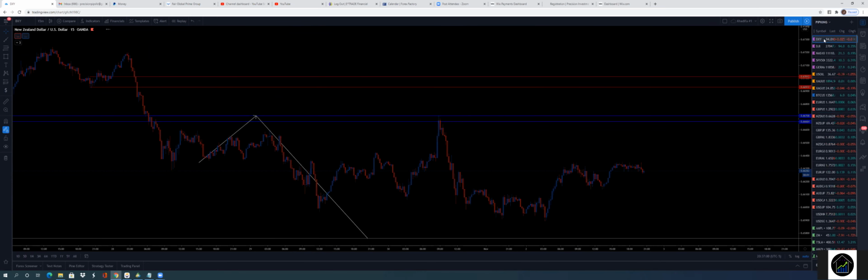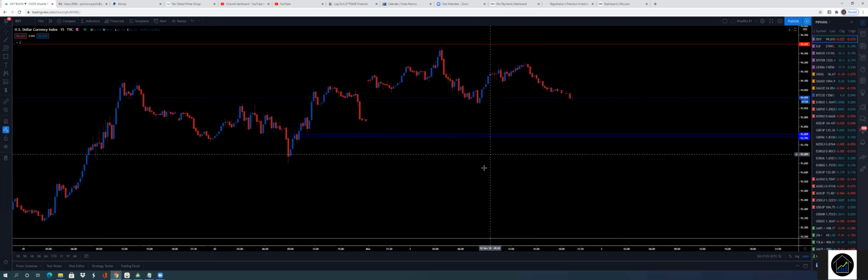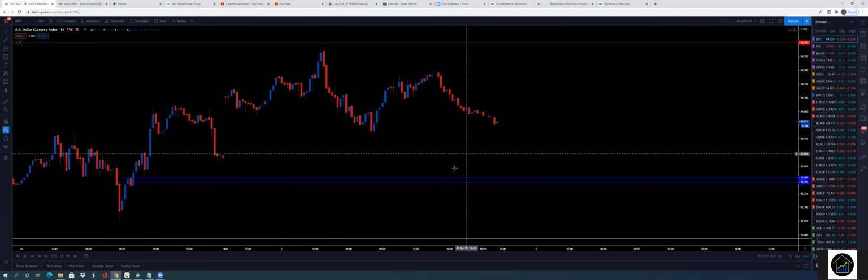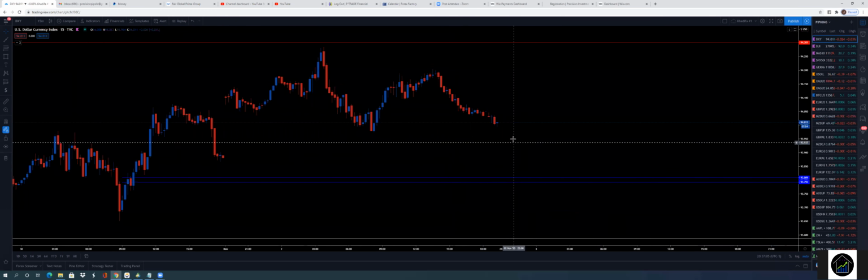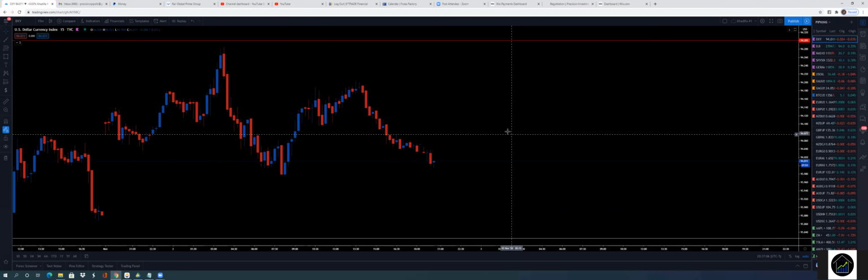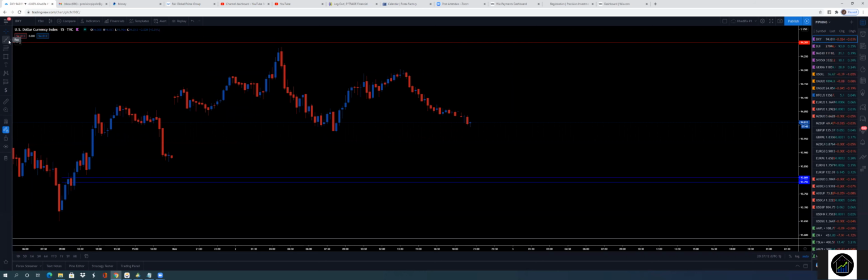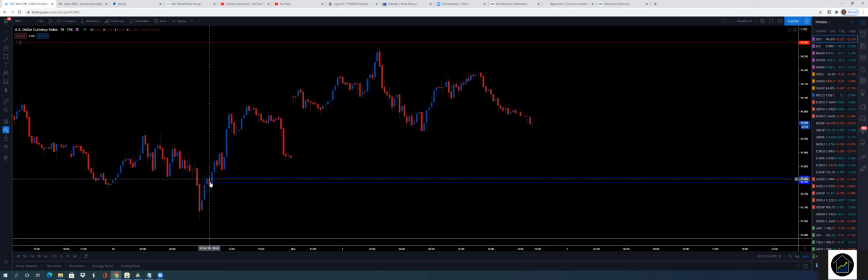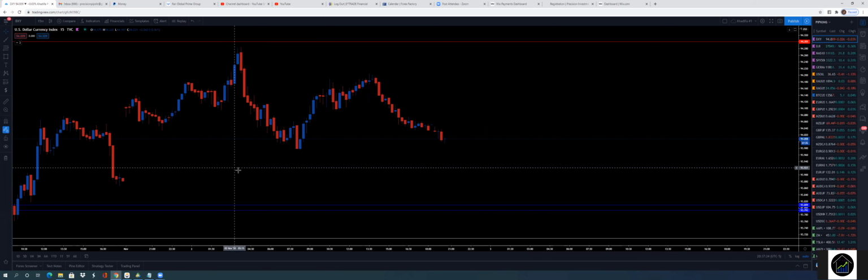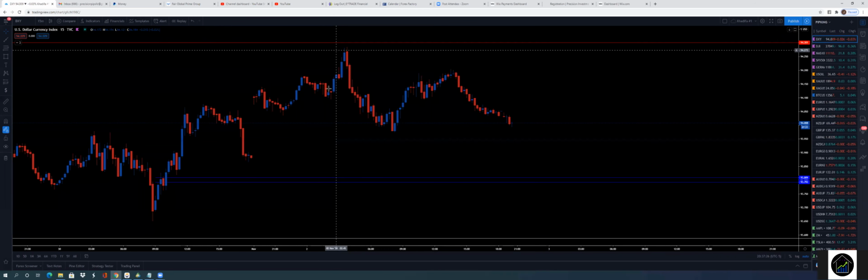So looking at the dollar starting this week, I got my eyes on two places. This engulfing candle right here, this engulfing candle right here.